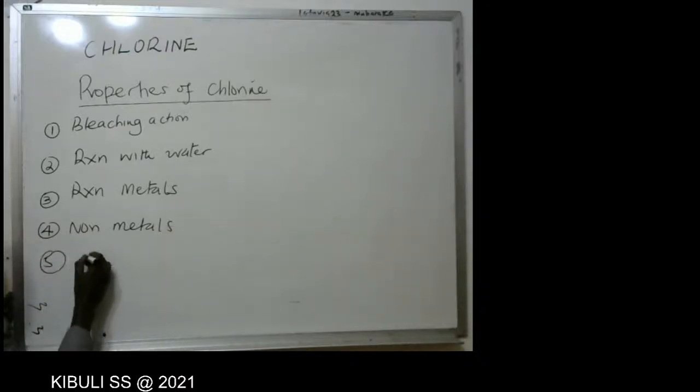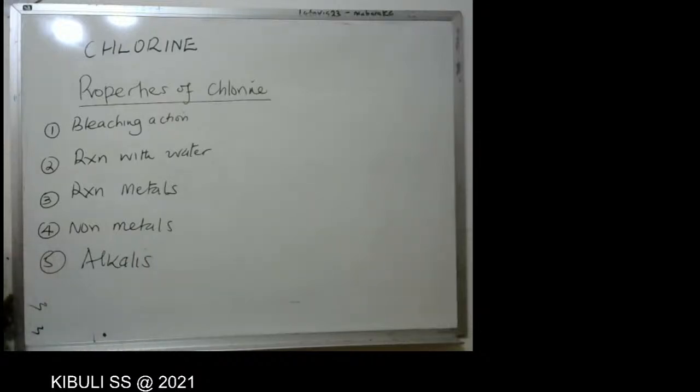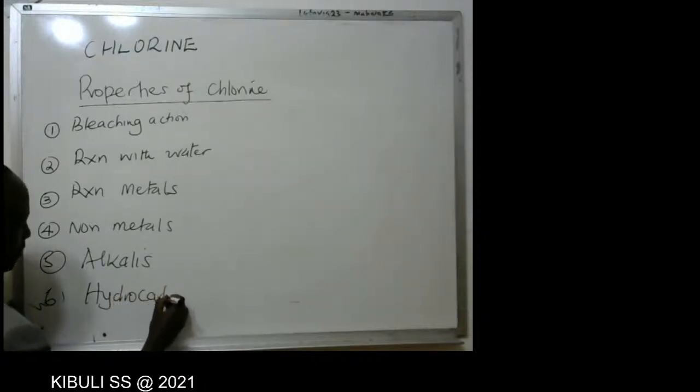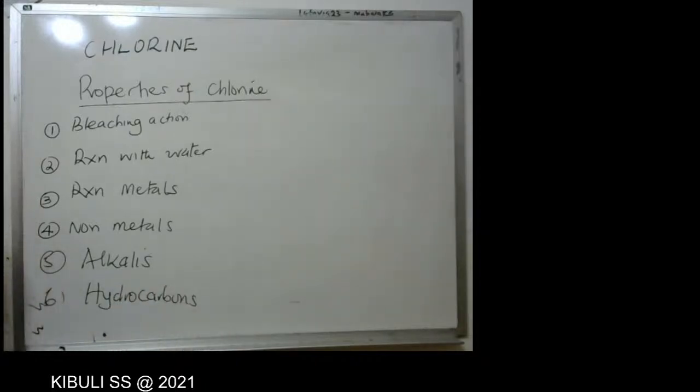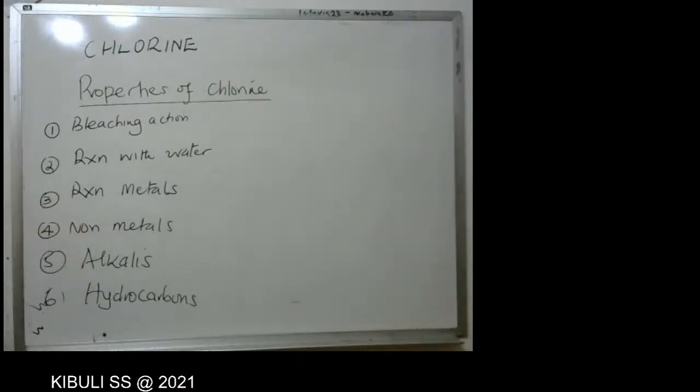Its reaction with alkalis. And its reaction with hydrocarbons. Those are the 6 chemical properties we expect our students to know when it comes to the chemistry of chlorine.